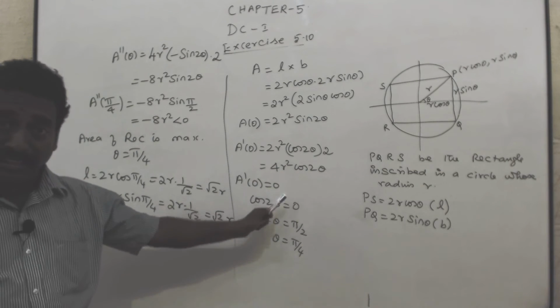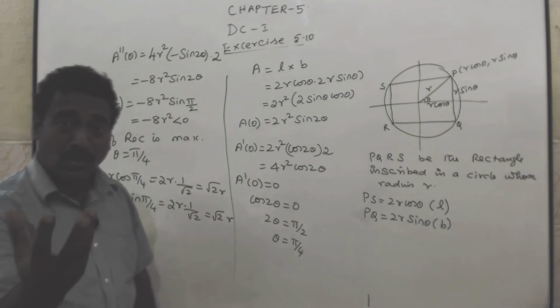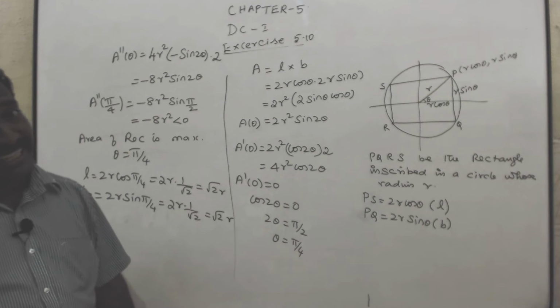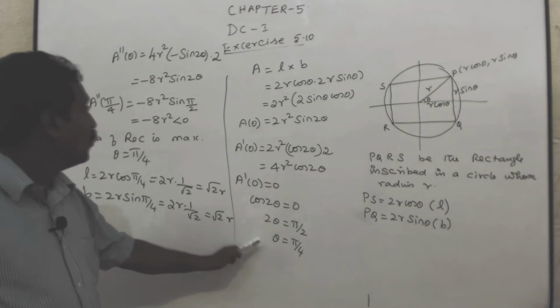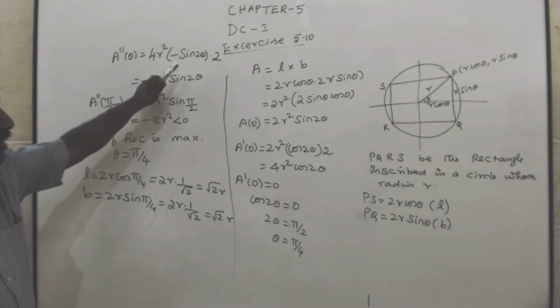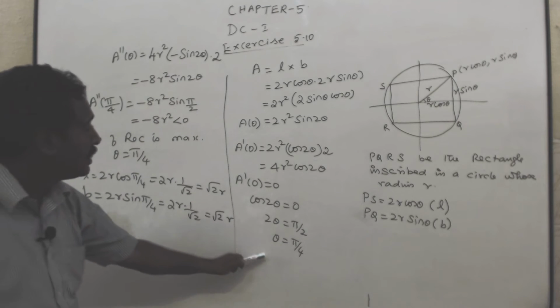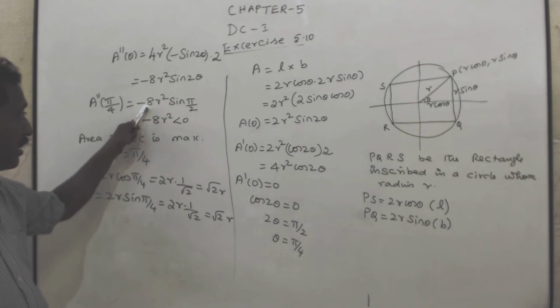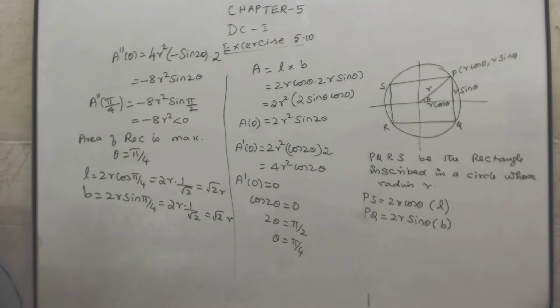A dash of theta equal to 0 means cos 2 theta equal to 0, therefore 2 theta equal to 90, theta equal to pi by 4. A double dash of theta, once again differentiate; at theta equal to pi by 4, sin pi by 2 value is 1, minus 8r square, negative, therefore area of rectangle is maximum at theta equal to pi by 4. L equal to root 2r, B equal to root 2r.